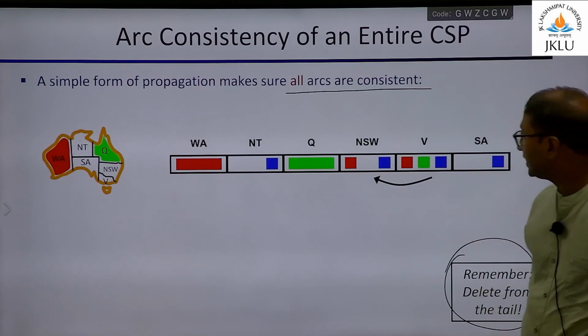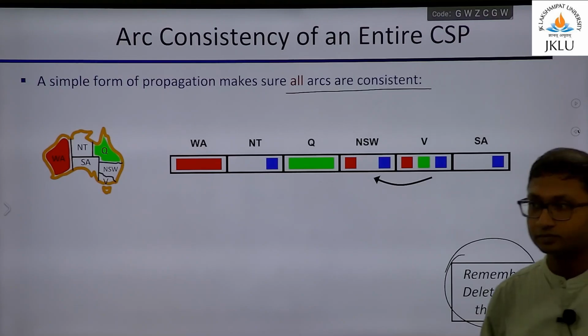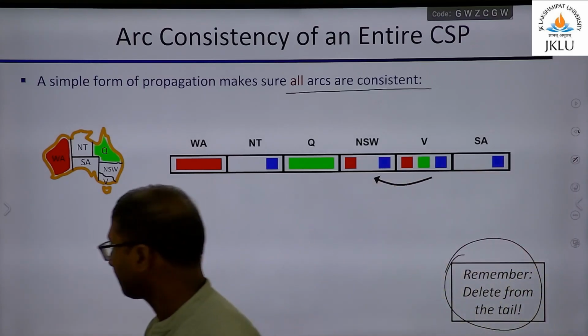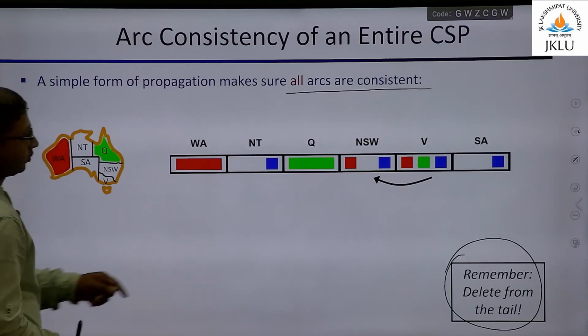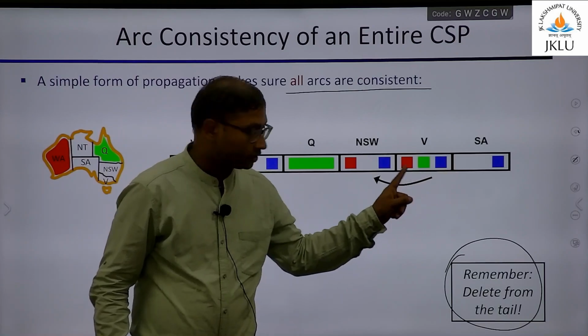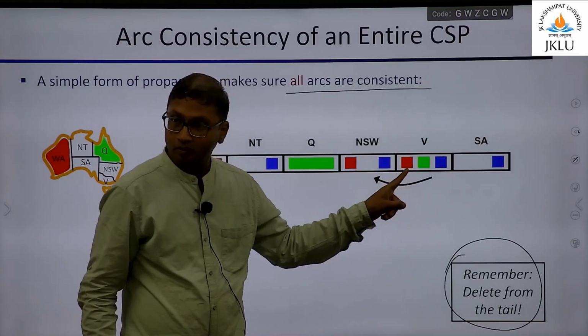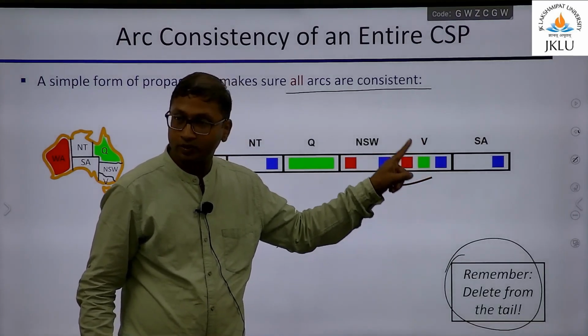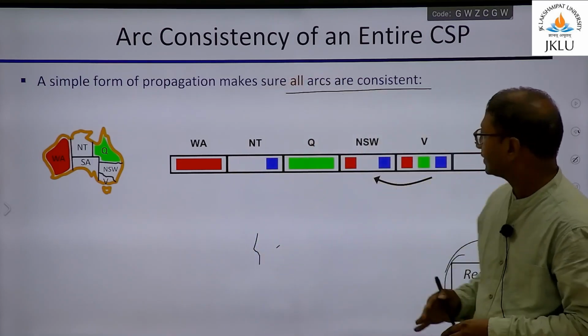Is this consistent? Yes. So you have to check it for all. For red there exists blue. For green, both of them. For blue, red. So this arc is consistent.